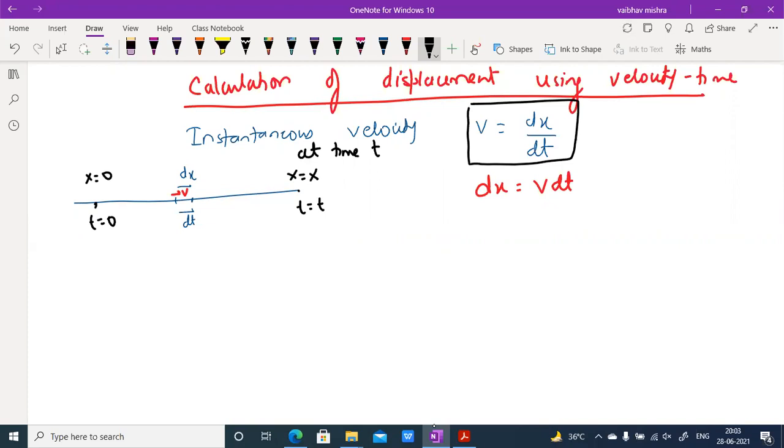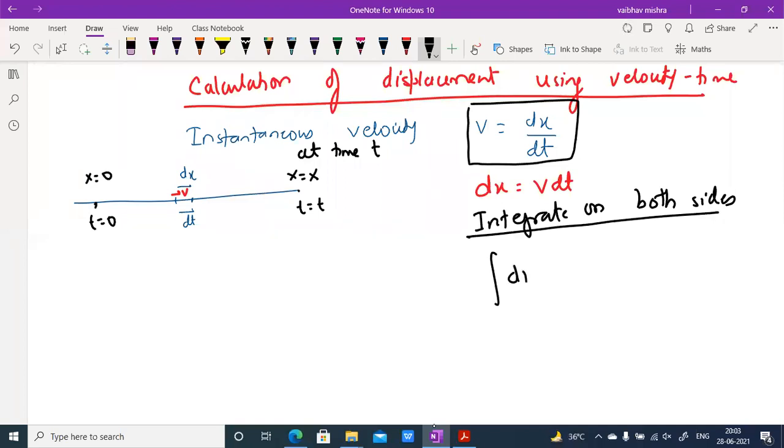So now this is a differential equation, and we have to integrate this on both the sides. When we integrate, we need to integrate over the respective variable. Left hand side it is dx, right hand side it is dt. So the right side integration will be from 0 to t. Left hand side will be 0 to x, or maybe initial position x1 to final position x2.